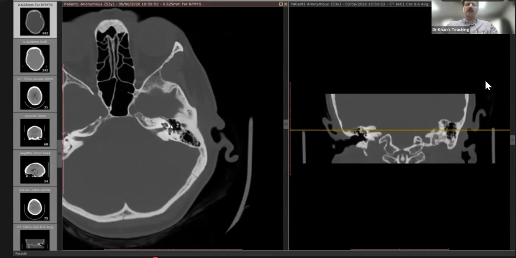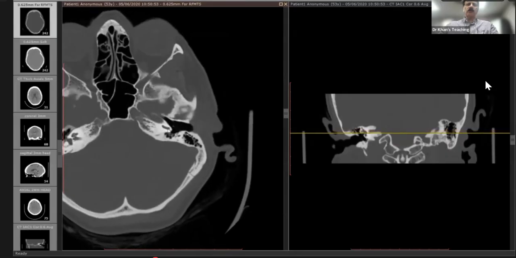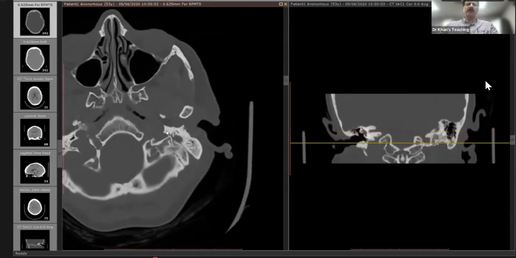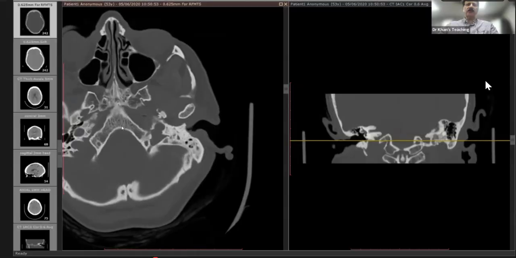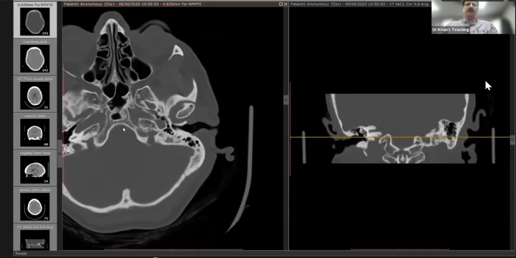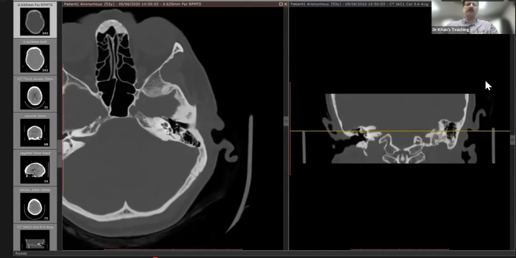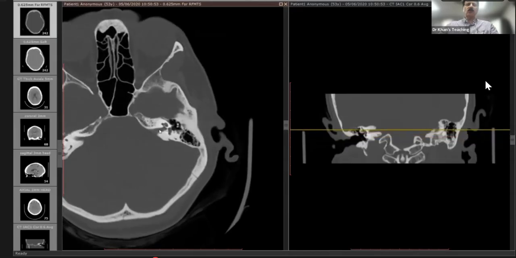So this is the cochlea. But let's have a more global view now. So if we go back, this is the clivus, and then we have the internal auditory canal. So this is the cochlea.